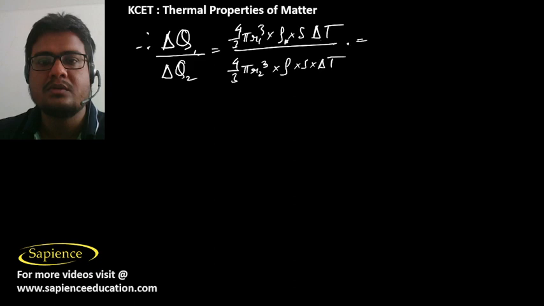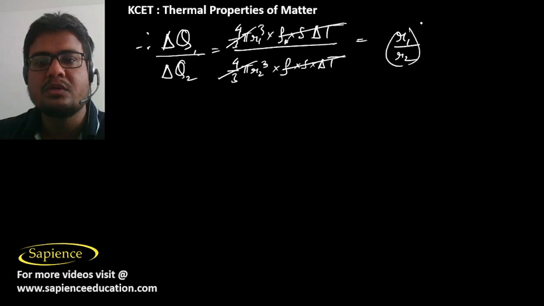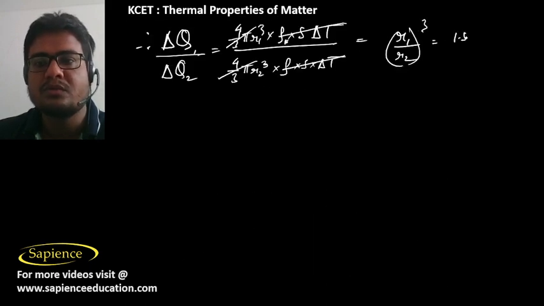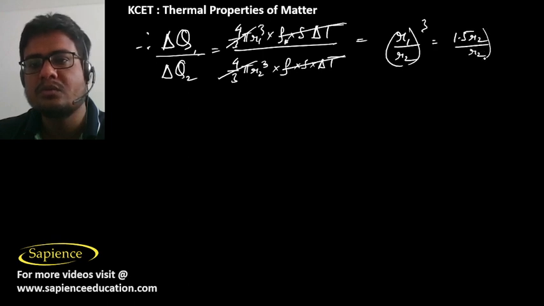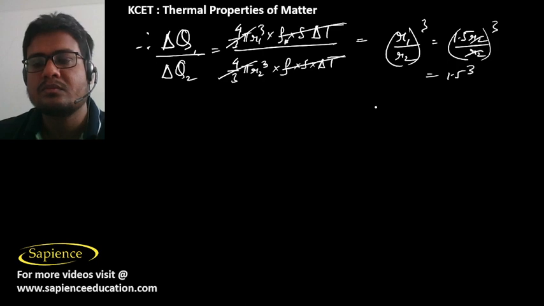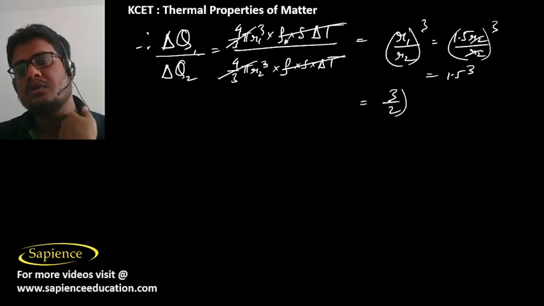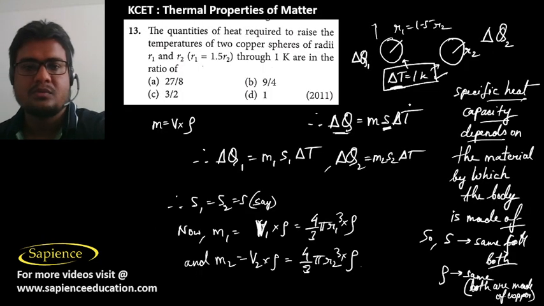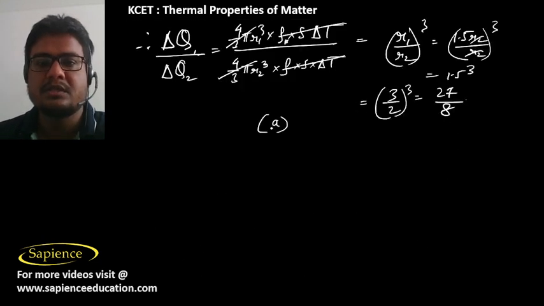So rho s delta t will cancel, 4 by 3 pi will cancel. So this is r1 by r2 whole cube. Now here it is told r1 equals 1.5 r2. So this is 1.5 r2 divided by r2 whole cube, so this is 1.5 whole cube, which is 3 by 2 whole cube. So that is 27 by 8. So option A is the correct answer.